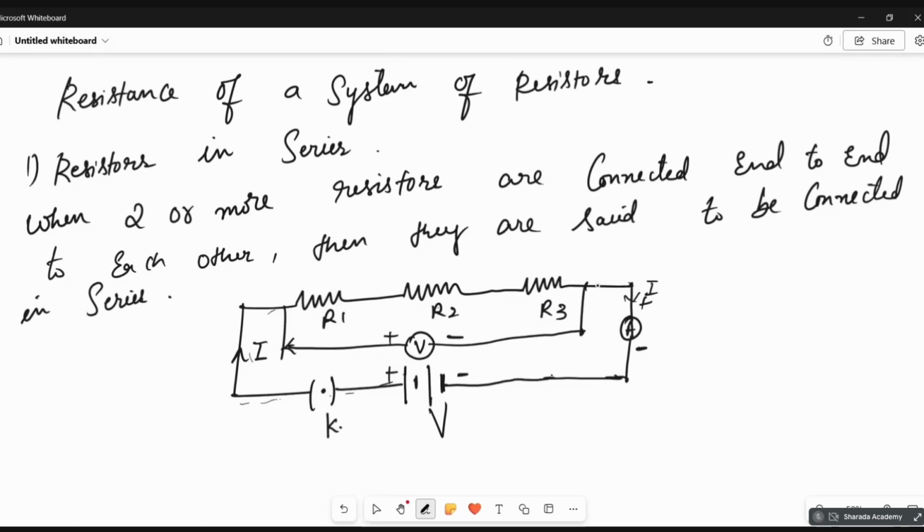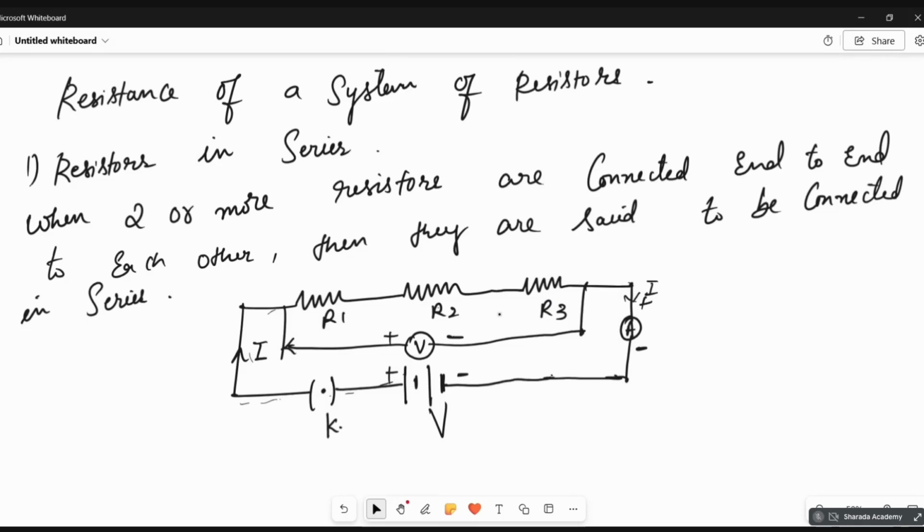This is a closed path like this. Because there is no other path for the current to flow here. So whatever current is there, the same value of current will flow through all the resistors here. Correct? So in a series connection, always the same current flows through all the resistors.